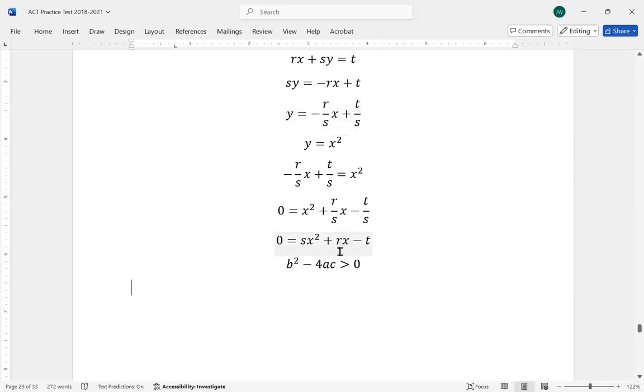And here, the b is the coefficient of the x term. That's just r. So that's r squared minus 4 times the coefficient of the x squared term, which is s, times my constant, which is my c. In this case, c is a negative t.